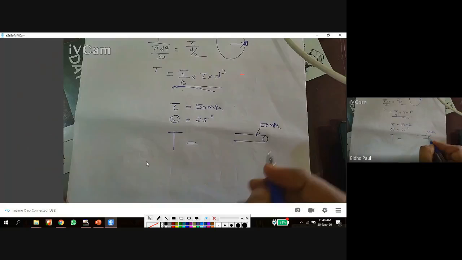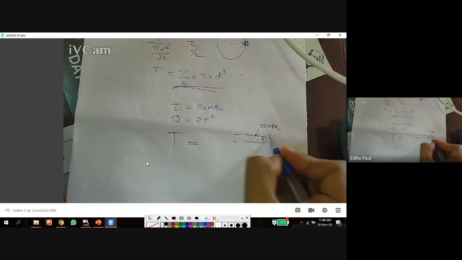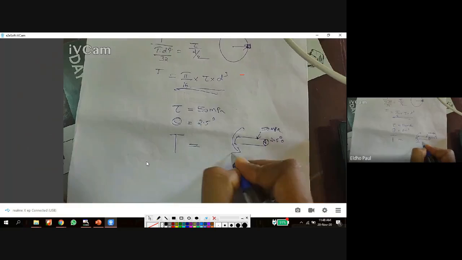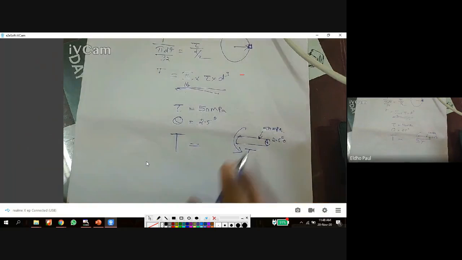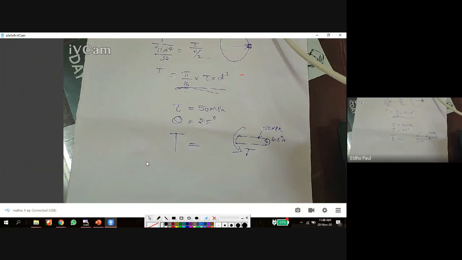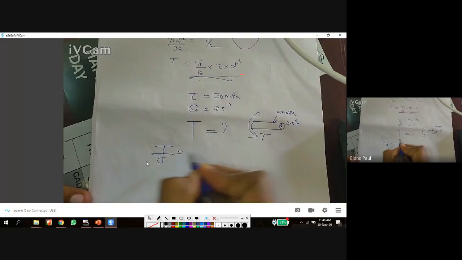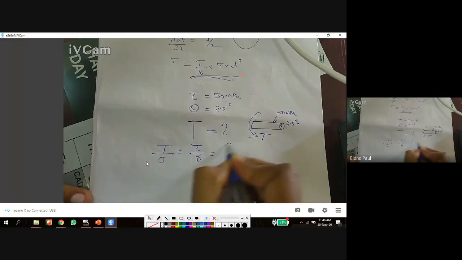So the allowable angular twist is 2.5 degree. Then what is the maximum torque I can transmit through this shaft? This is the question. For that, we can use this equation: T by J equal to tau by R equal to G theta by L.